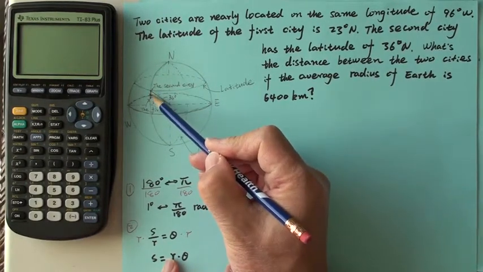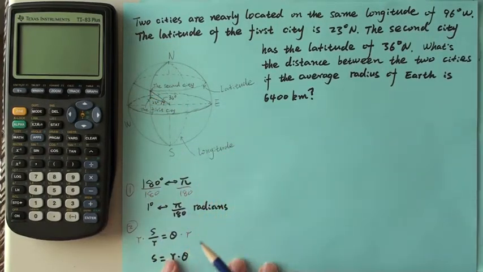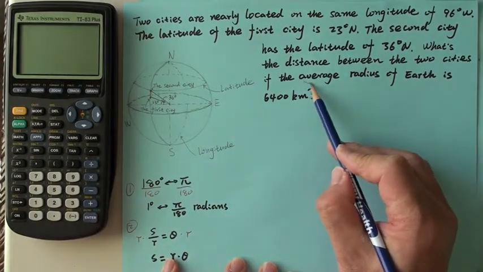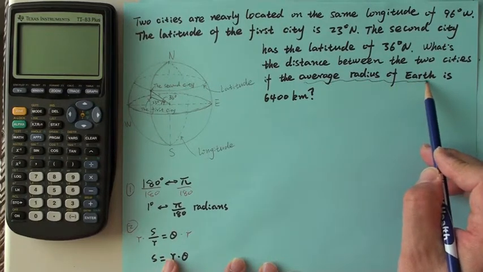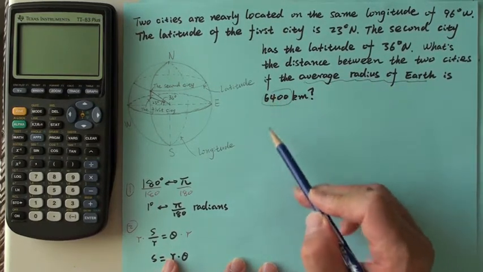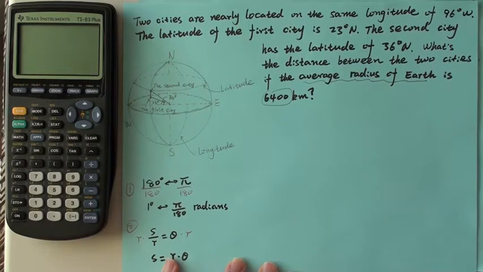And we know the average radius of the Earth, we assume, is 6,400 kilometers. Alright, so let's solve the question right here.